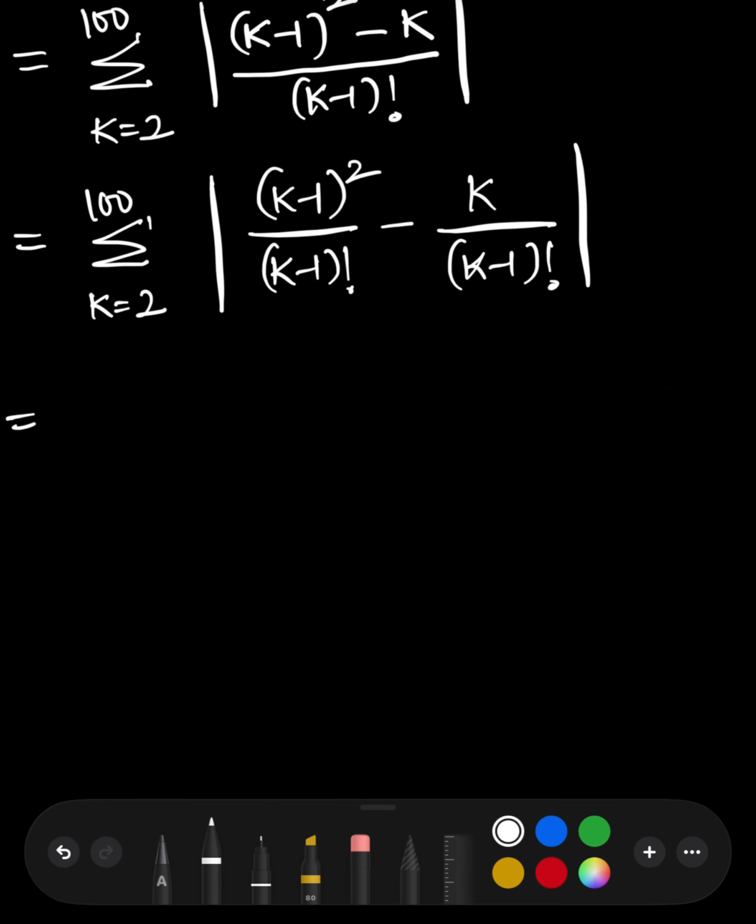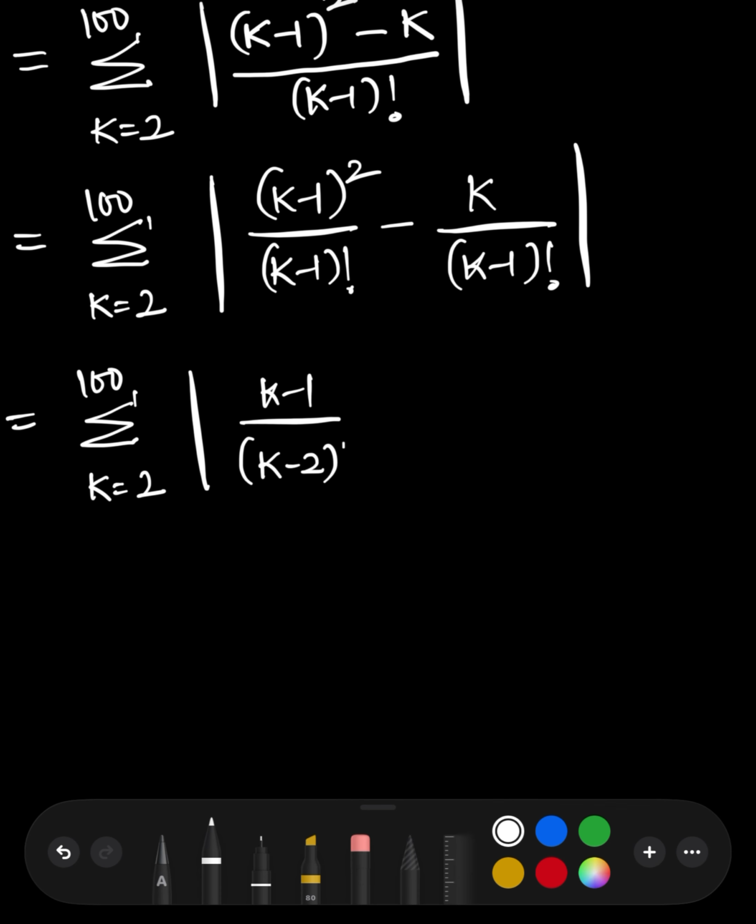Here, this is (k minus 1) by (k minus 2) factorial, because (k minus 1) factorial we can write as (k minus 1) into (k minus 2) factorial, minus k by (k minus 1) factorial.